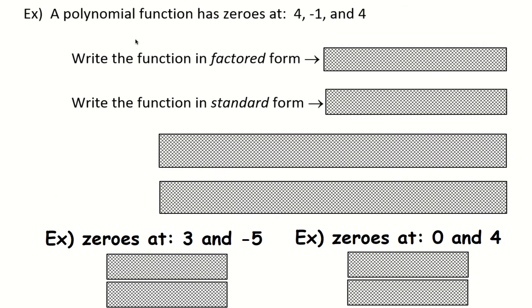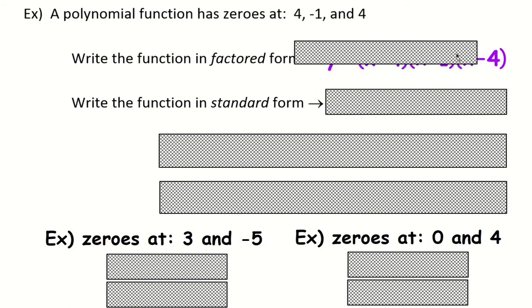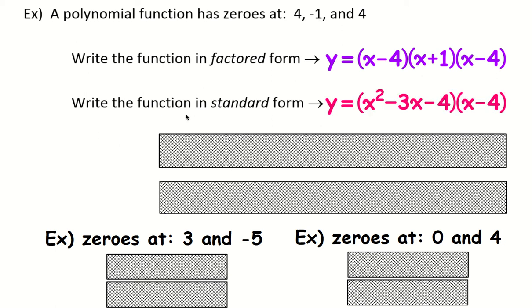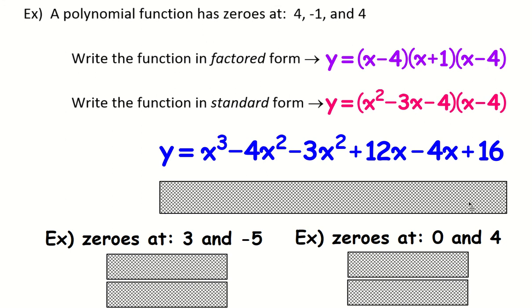So if I tell you that a polynomial function has these 3 zeros, you should be able to tell me that if one of my final zeros or answers was 4, then my bubble factor must have been x minus 4. It's kind of like reverse engineering. And if one of your final answers was -1, then this must have been one of the bubbles that you would set equal to 0 to get that.